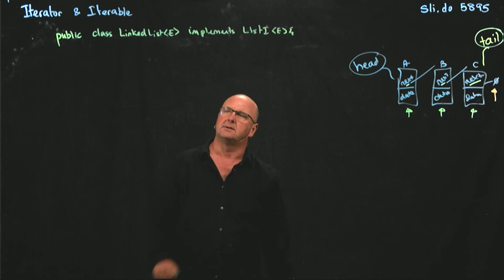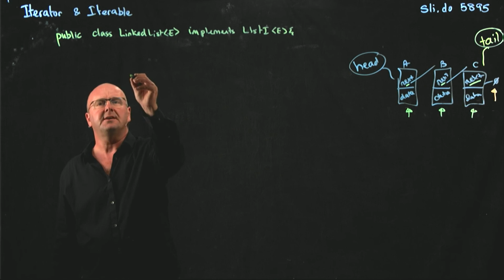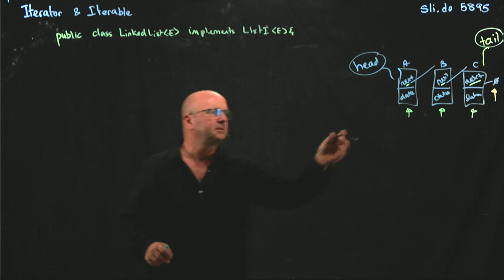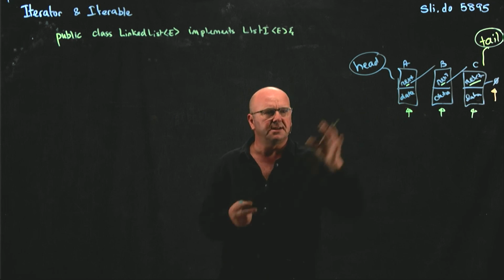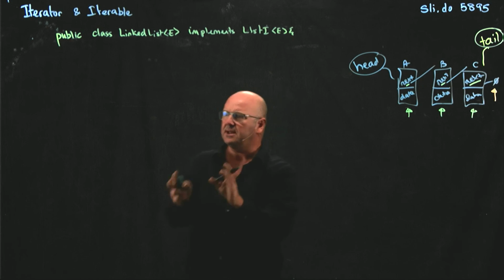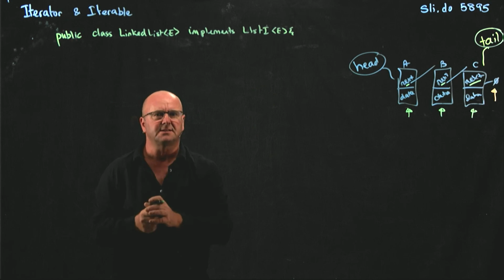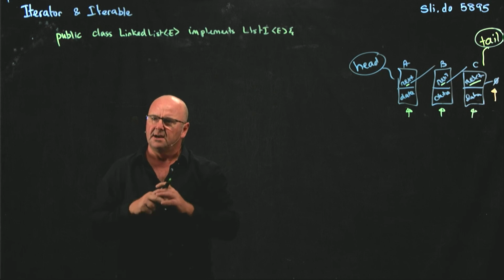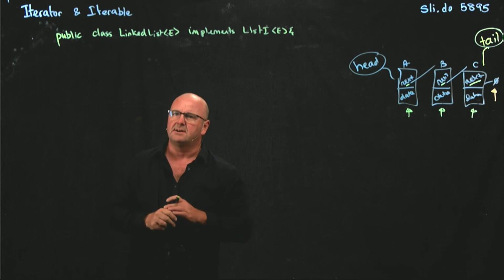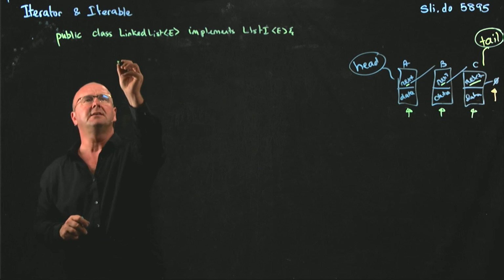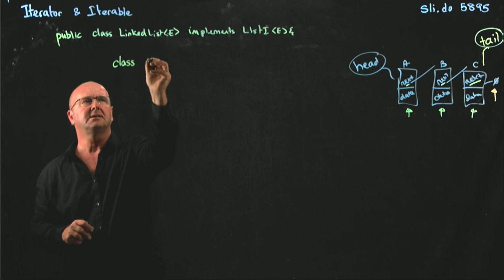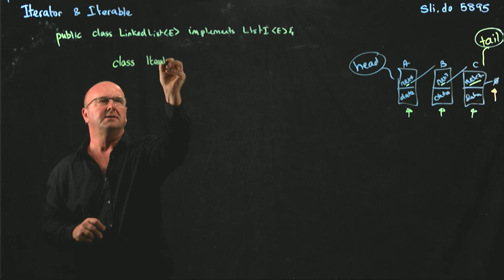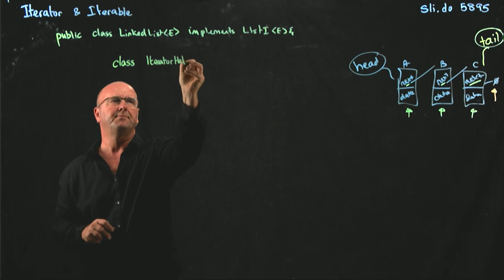And then we're going to have another inner class. Remember our node class that creates these nodes? It's an inner class, right? It's secret. Only our linked list has access to that inner class. And the same is true with our iterator helper. So we're going to have an inner class, IteratorHelper.